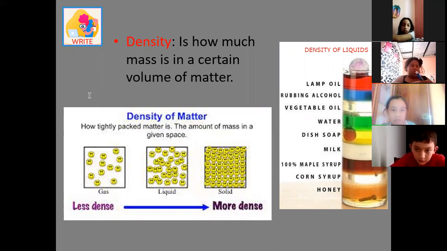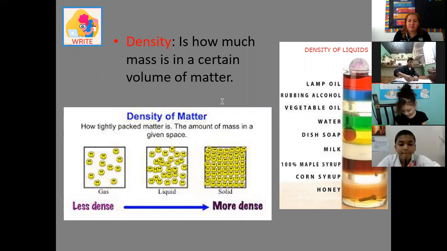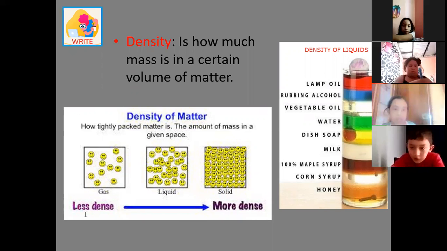It is denser, yes, but not as dense as honey. So what happened? Corn syrup and honey do not mix because they have different densities. You can mix them, but if you make this experiment you are going to see the layers of colors of the different liquids.